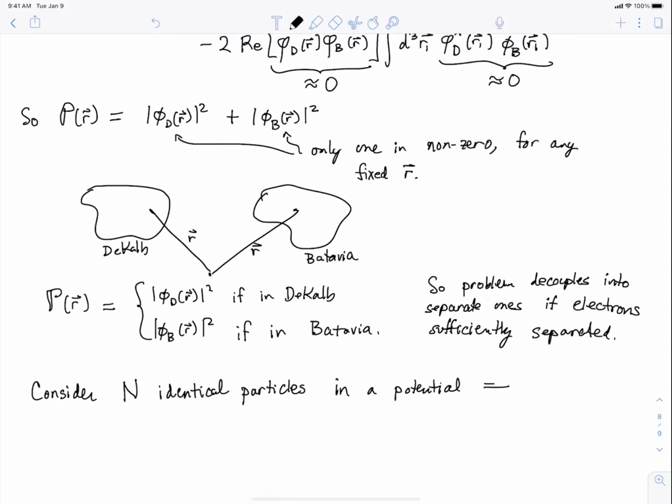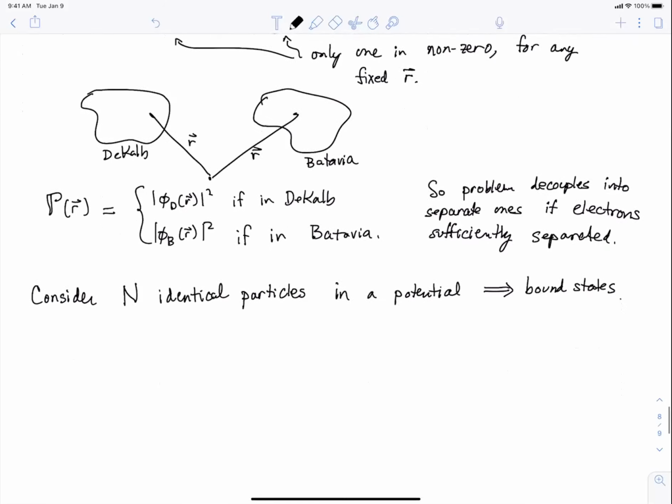And so we're going to assume our potential is going to give them bound states. And suppose the single particle wave functions are therefore discrete. Actually, if they are bound states, they will be discrete.